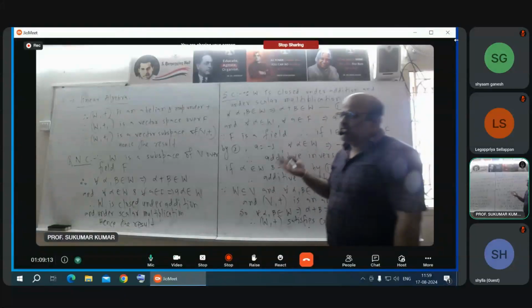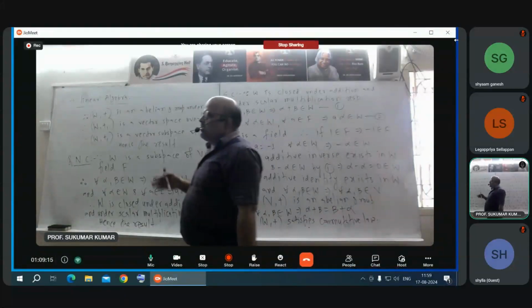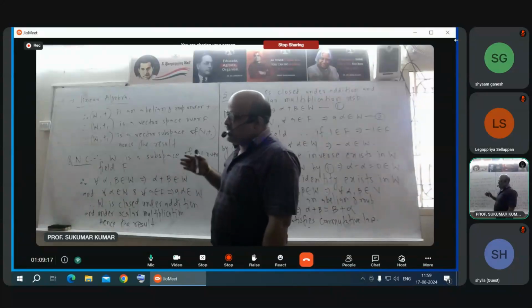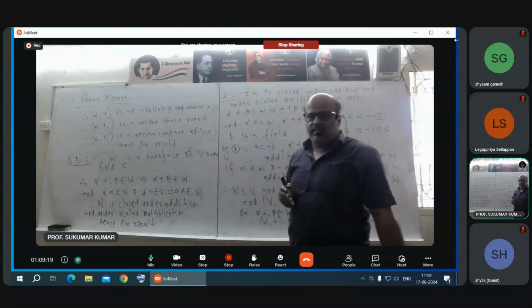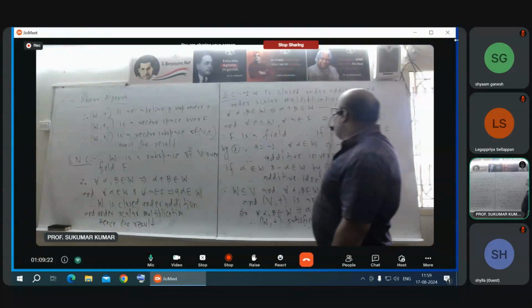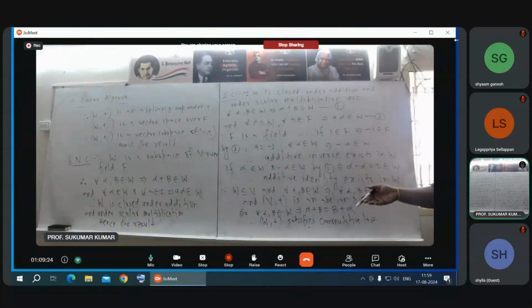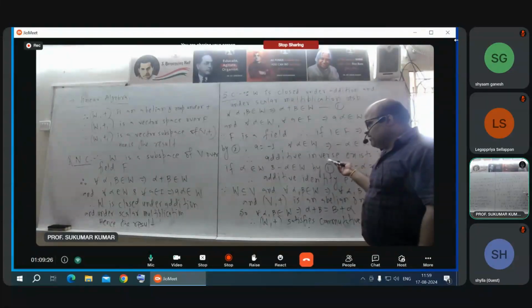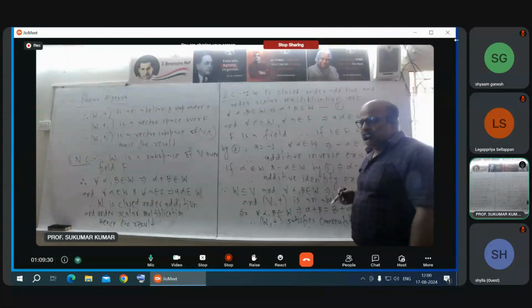Sufficient condition means just the converse: if W is closed under addition and closed under scalar multiplication, then is W a vector space or not? So I took help from equations 1 and 2 and proved everything: additive inverse, identities, commutative laws, and this is the abelian group.